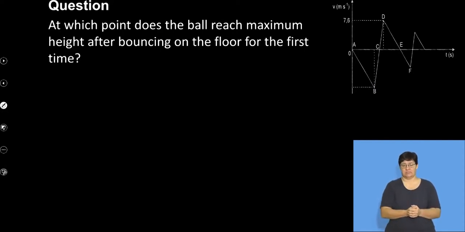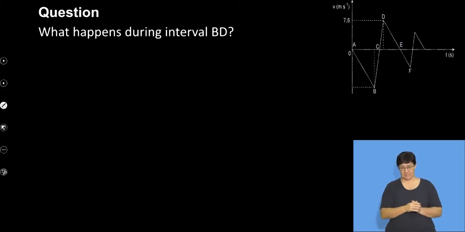At which point does the ball reach maximum height after bouncing? So here it's bounced, velocity 0, maximum height. That's E. That's straightforward.